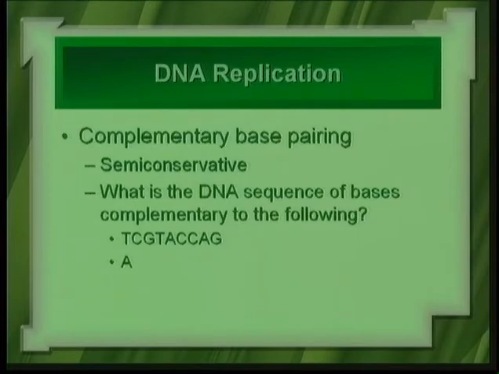What would pair with C? G. What would pair with G? C, and so on. So you'd have A, G, C, A, T, G, G, T, C, right? This new strand being complementary to the other. T pairs with A, C pairs with G.